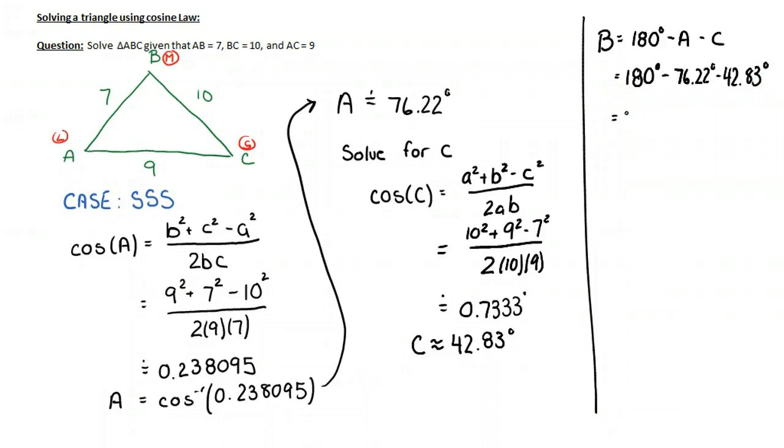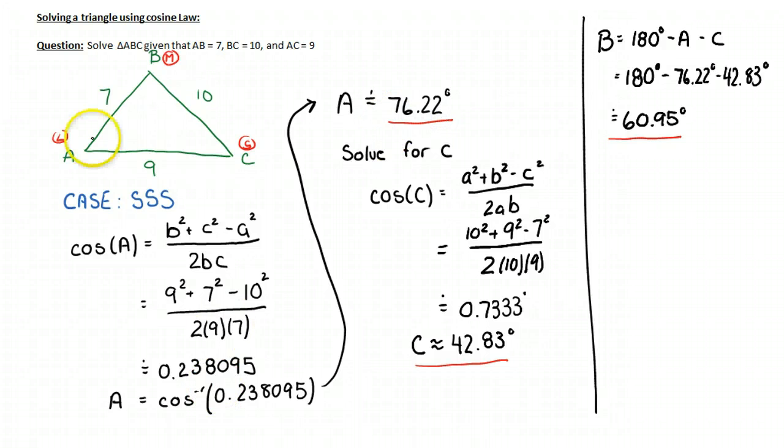So I end up with 180 minus 76.22 minus 42.83, and we get 60.95 degrees. And this should be approximate as well, we're done. So B is 60.95, C is 42.83, and A is 76.22.